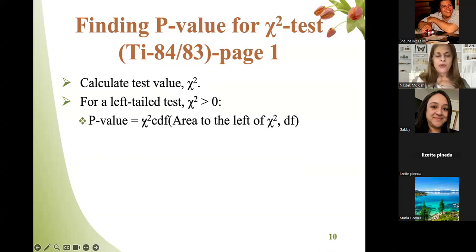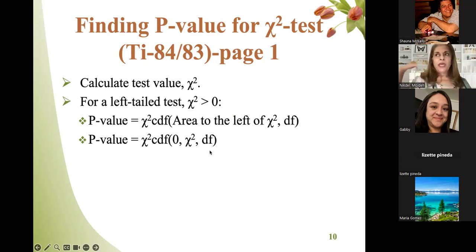The p-value is chi-square CDF, area to the left of chi-square, your test value, and degree of freedom. Now you want to find the area of the left tail. Remember, your curve starts from the 0. So you don't have negative infinity here. So you get chi-square CDF of 0, your test value, and degree of freedom.